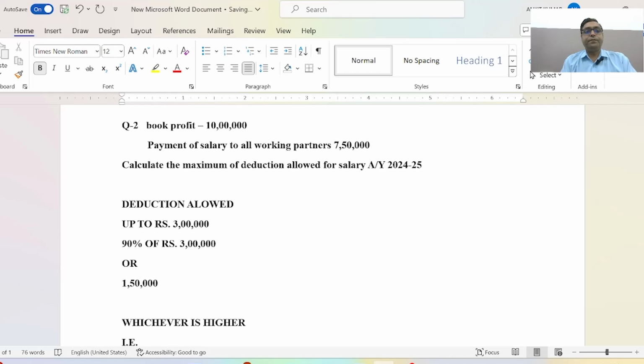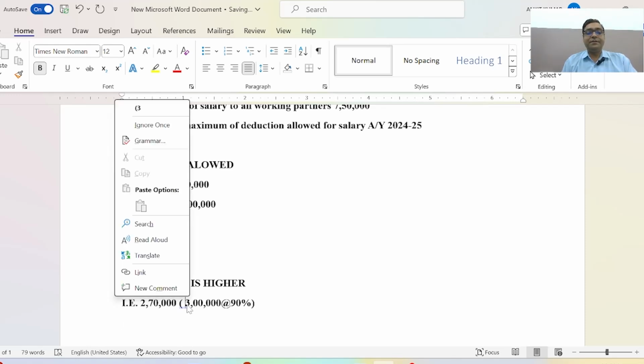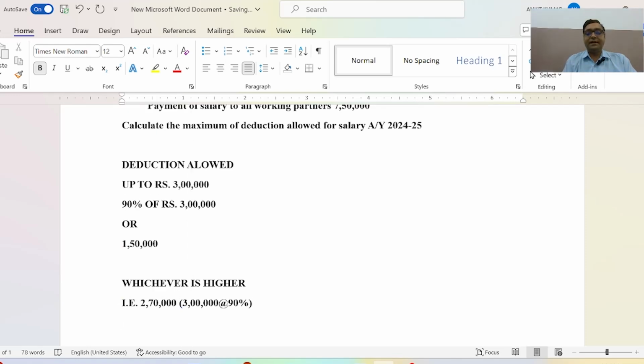3 lakh rupees at the rate of 90%: nine threes are 27, so it is 2 lakh 70,000. And 60% of the remaining profit.